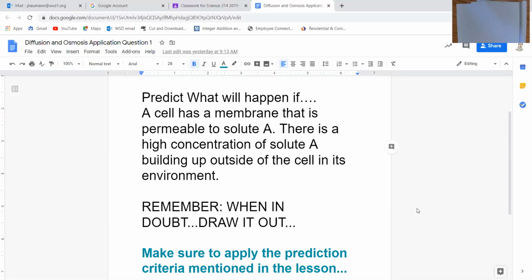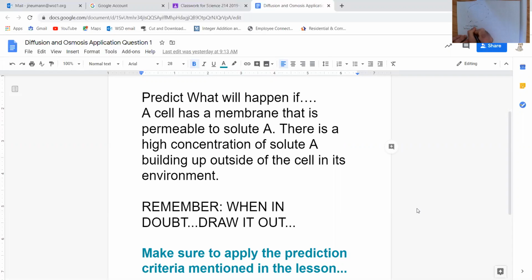So our predictions, let's see if we can nail these four things. I'm going to do it in point form. The cell's got a membrane that's permeable to solute A. Here's my cell. The membrane. I'm going to put this in my own words.